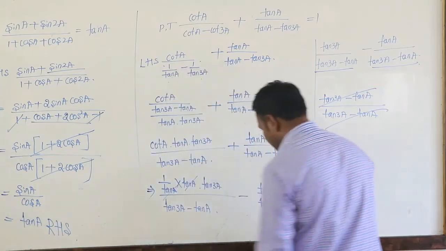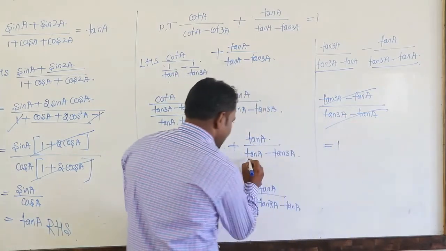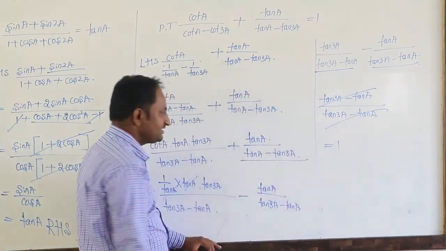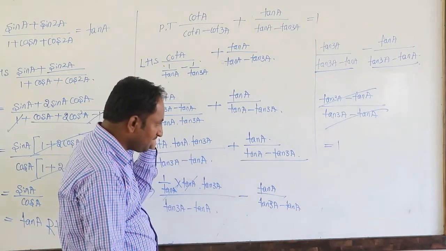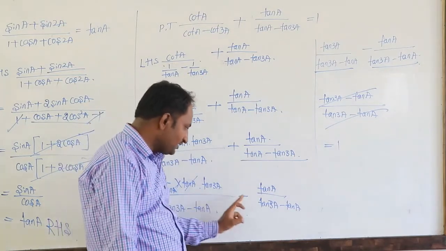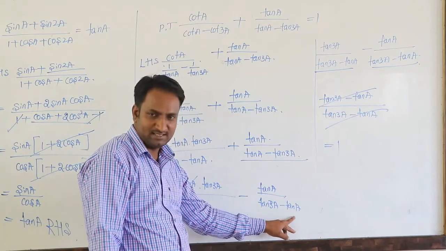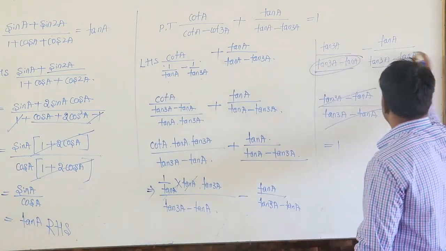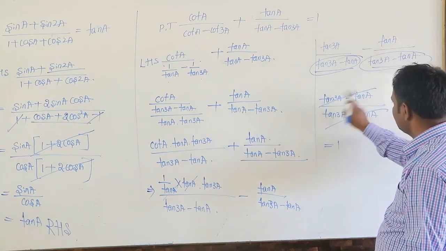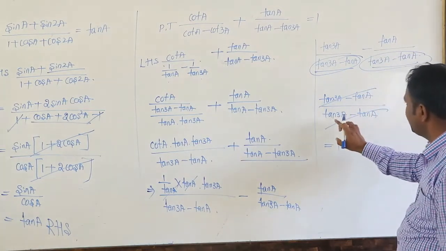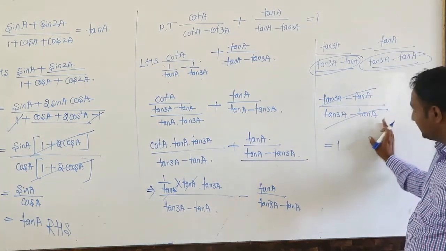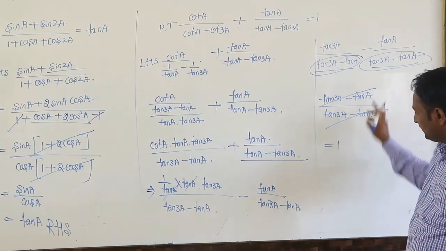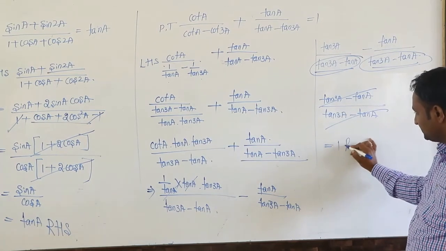Here very important one, tan a minus tan 3a, take a minus common, we get minus of (tan 3a minus tan a). Then base is same, add the upward terms: (tan 3a minus tan a) divided by (tan 3a minus tan a). Here these two are same, we get result 1, that is RHS.